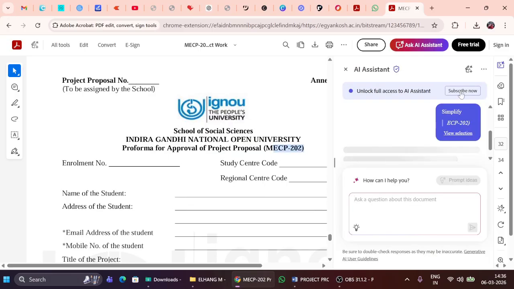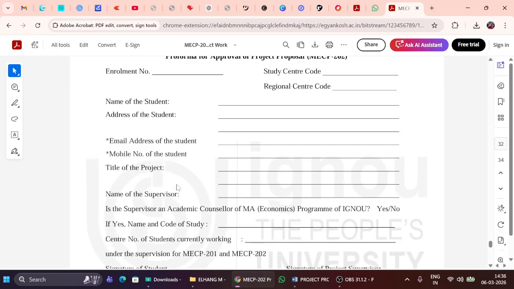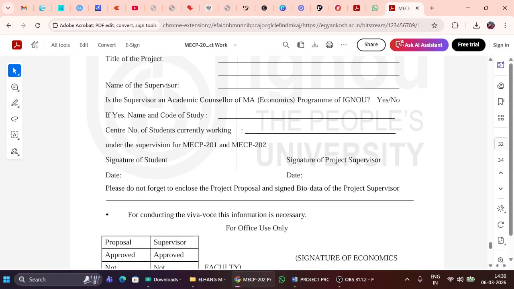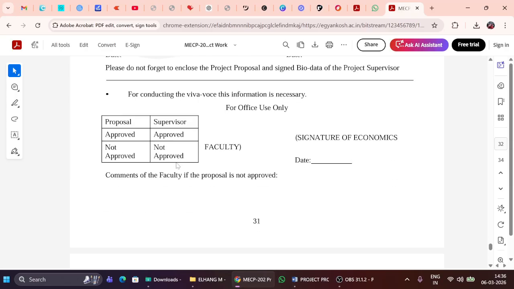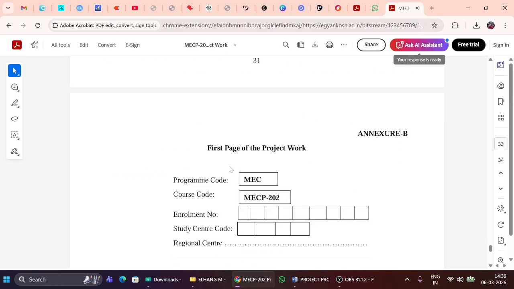This has to be attached with your project proposal, and you have to fill it properly so that you can attach it, and while submission your supervisor will sign it and stamp it and submit it to the university.